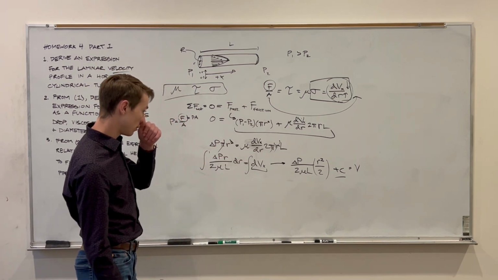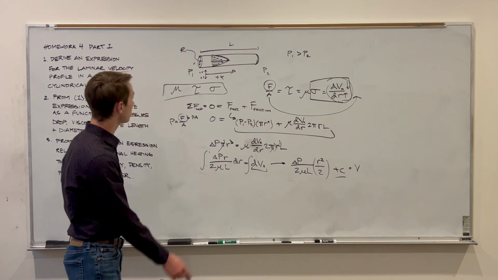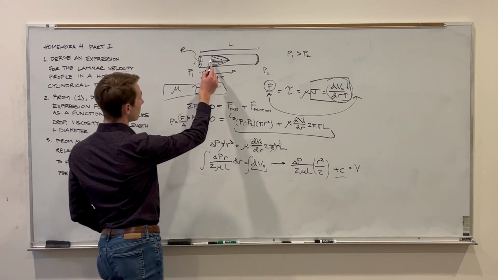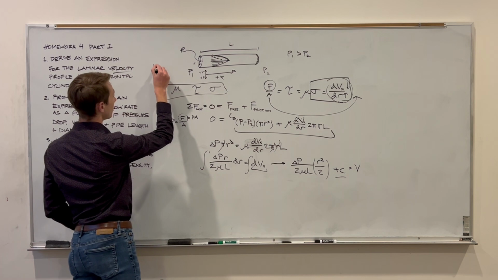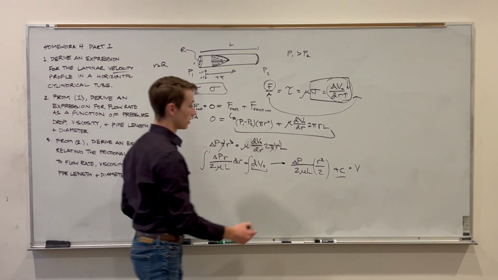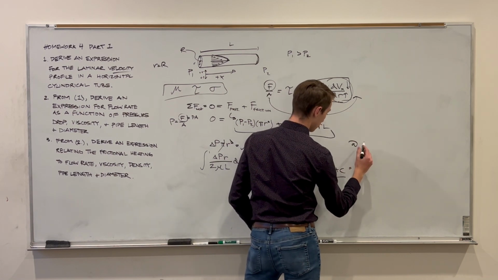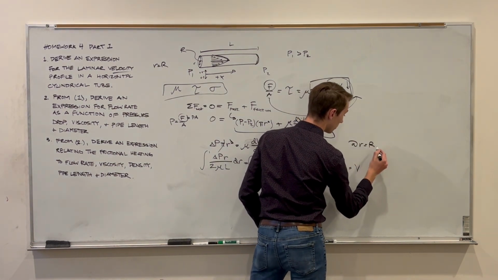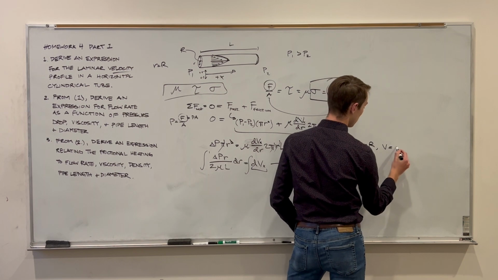Our plus C, well, what do we know about this? We know that at little r equals R, that velocity is 0. So I'm going to write that here. At r equals R, velocity equals 0.